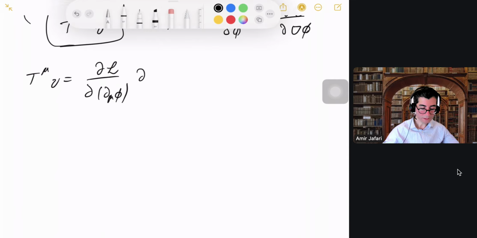In the next lecture, we're going to talk about this, and we're going to derive this definition from Noether's theorem. But for now, either you are familiar with this or just trust me for now and take it as the definition of the stress-energy or momentum-energy tensor. And then we're going to get back and discuss how it basically appears.